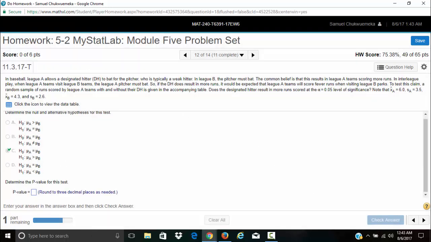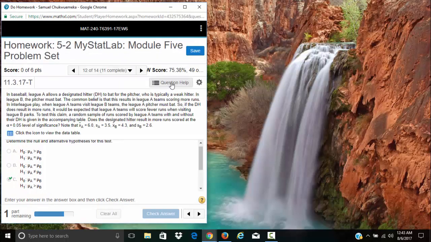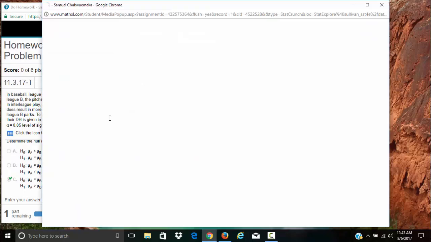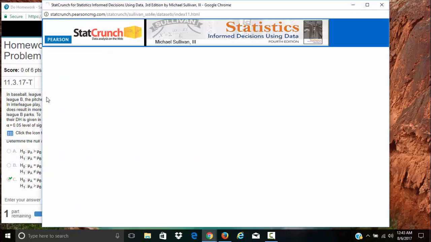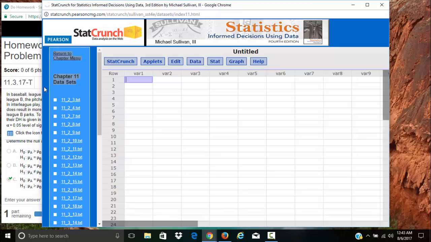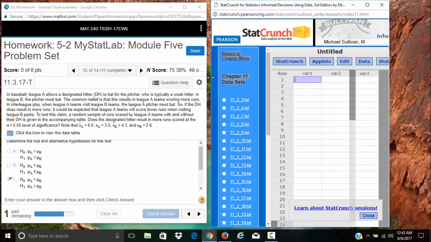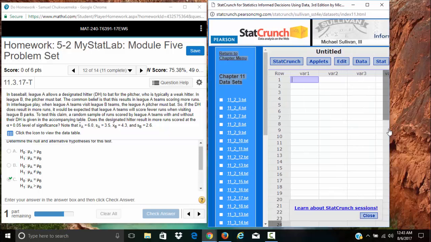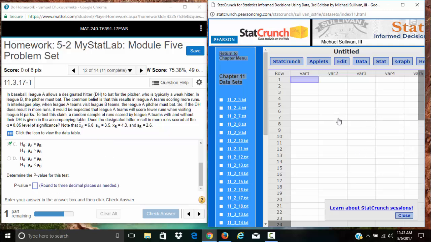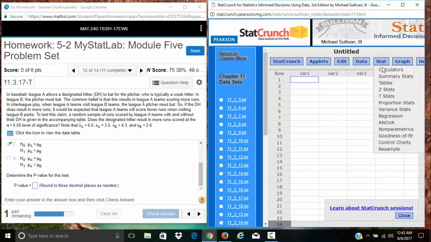Determine the p-value for this test. So we're going to get our StatCrunch. You go to Stat, T Stats, Two Sample, With Summary.